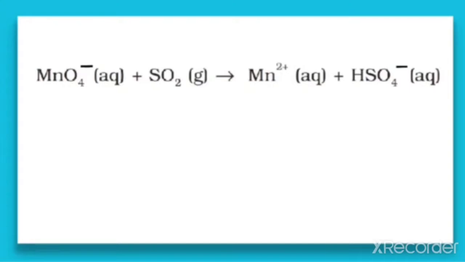The oxidation number of Mn in MnO4 negative, when you find it out by using the X method, which we have already discussed, is plus 7. So better write it on the top of it with a pencil, as I have written here with the red color.